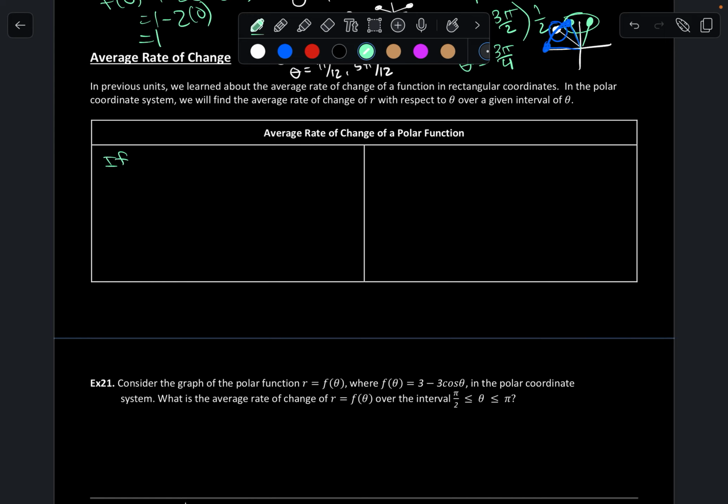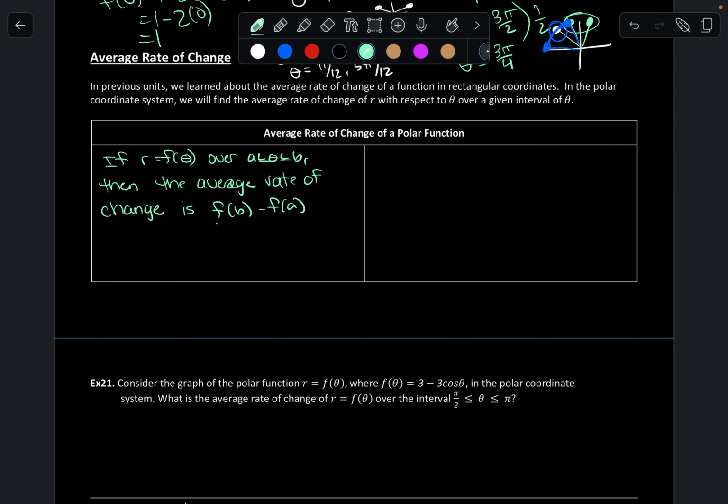So if r is equal to f of theta over the interval from a to b, then the average rate of change is going to be, using the interval and using the fact that r is equal to f theta, f of b minus f of a divided by b minus a.